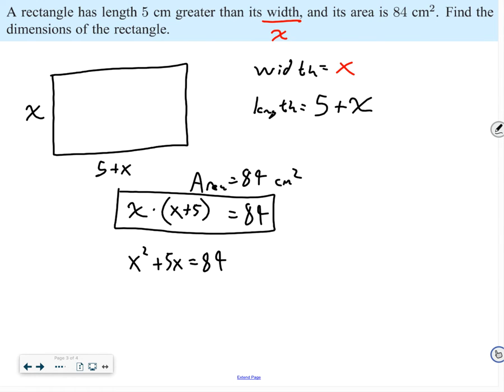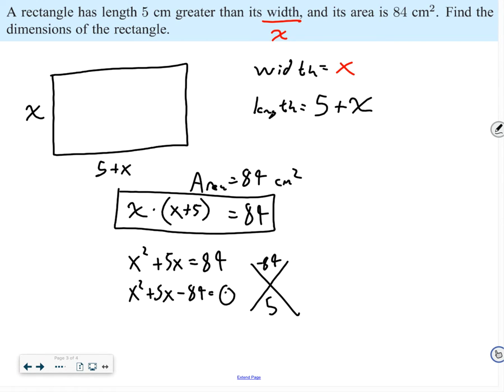Recognize it's a quadratic. I'm going to see if I can solve by factoring first. So x squared plus 5x minus 84 is equal to 0. So then I write here, I get negative 84, and I need to add to 5.